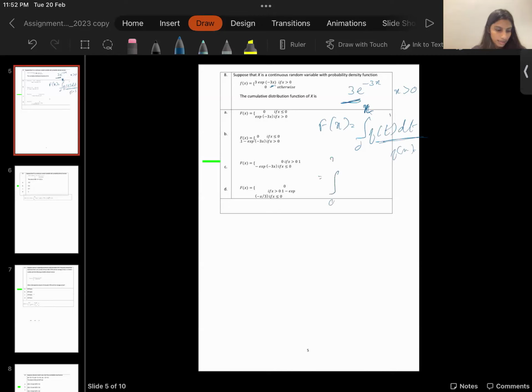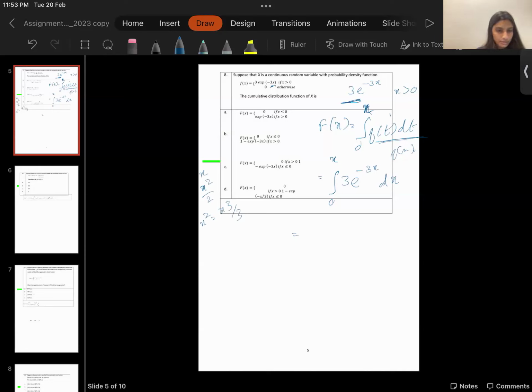So you just substitute that from 0 to x. So F of x is the integral of 3 e power minus 3t dt. In general, like we just saw, when you integrate x, it becomes x square by 2. X square becomes x cube by 3.